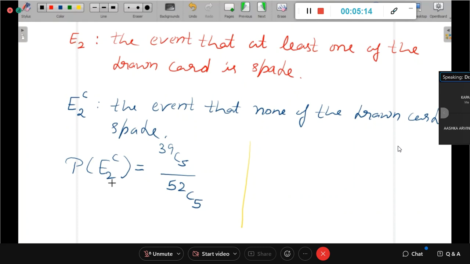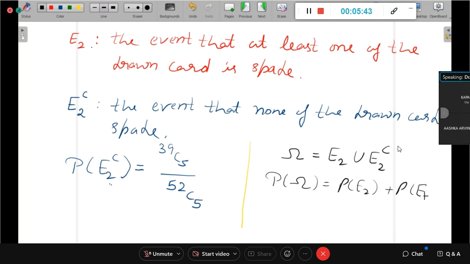Note that the probability of E2 complement and the probability of E2 are related. If you denote the sample space as omega, you can always write it as E2 union E2 complement, and E2 and E2 complement are mutually exclusive.